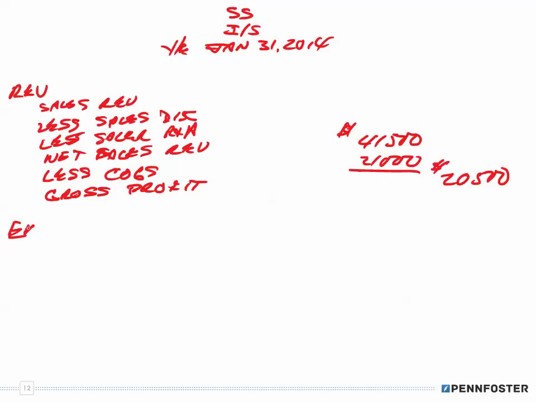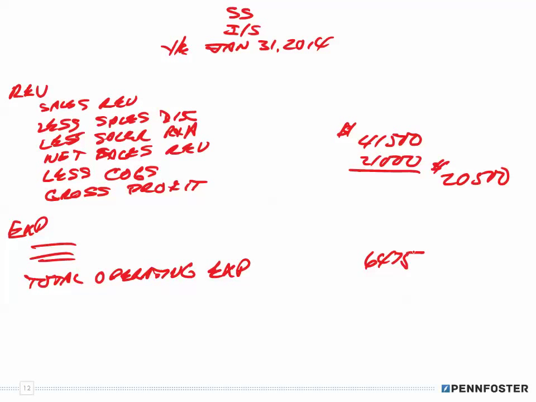So next we have our expenses, and normally we would list our expenses, and then I'd have a total operating expenses. Total operating expense. In this case here, they're just saying operating expense, and they're saying that's $6,475. Okay, so the reality is I would have a listing of all of these here expenses, and when I did the math, I'd put it in that second column.